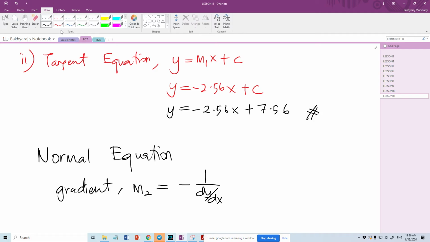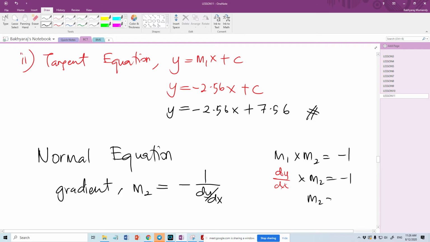How do I get this answer? It comes from the formula M1 times M2 equals negative 1. I know that M1 is dy dx. When I put it into the formula, I get dy dx times M2 equals negative 1.